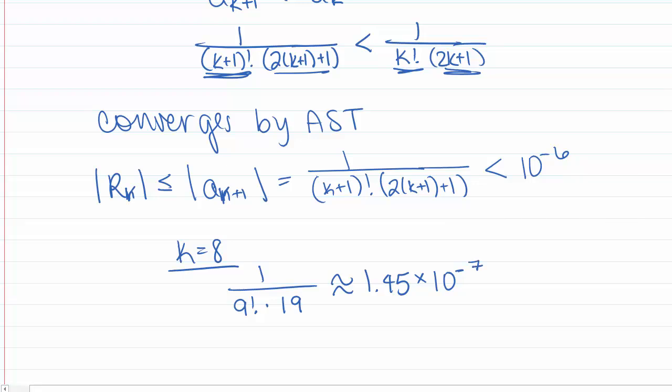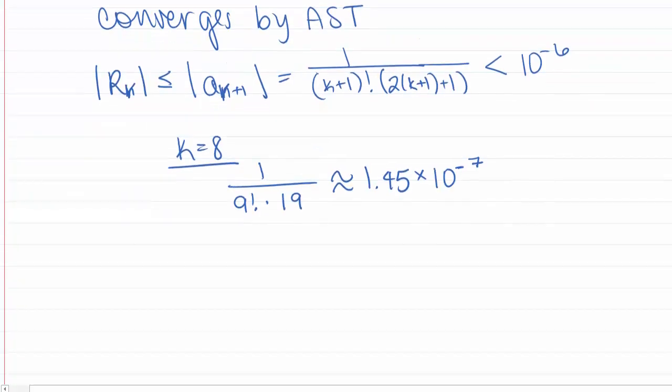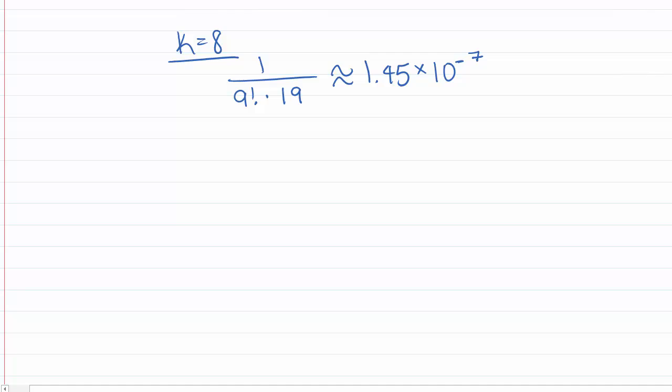So that's less than 10 to the negative 6th. We know if k is at least 8, then the error is less than 1.45 times 10 to the negative 7th, so it's less than 10 to the negative 6th.